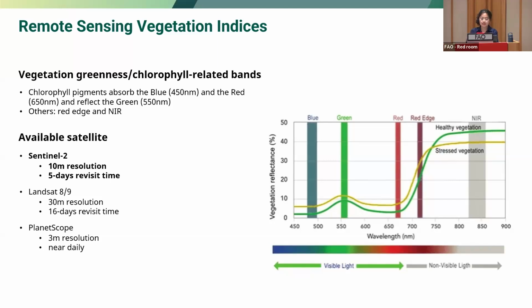Therefore, several satellite platforms can potentially be used for agriculture monitoring, including Sentinel-2, Landsat, and PlanetScope. Here, we initially started with Sentinel-2 because it provides a good trade-off between image availability and temporal and spatial resolutions.